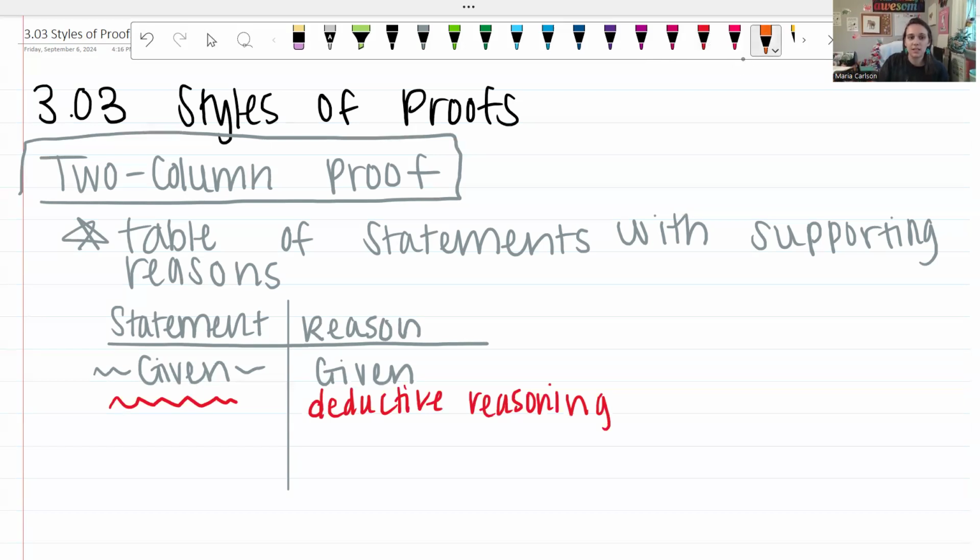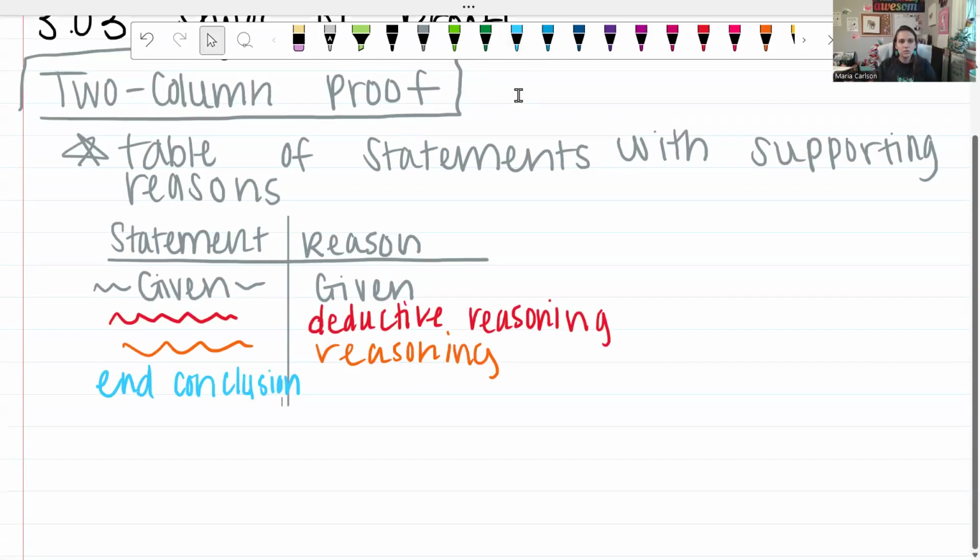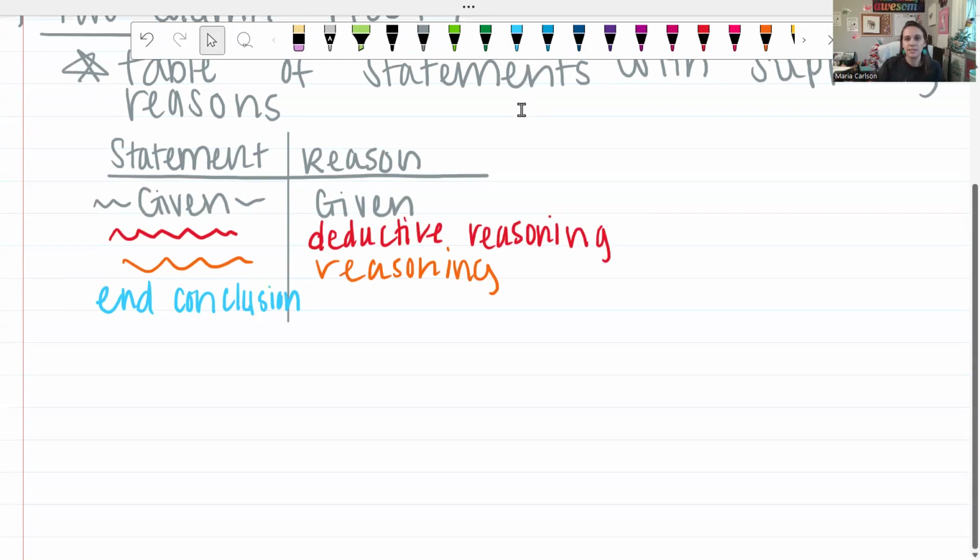But for the most part, it's going to be deductive reasoning, using things that you know to arrive at your end conclusion. Then you will get to your end. So two-column proof, this is our most basic proof.